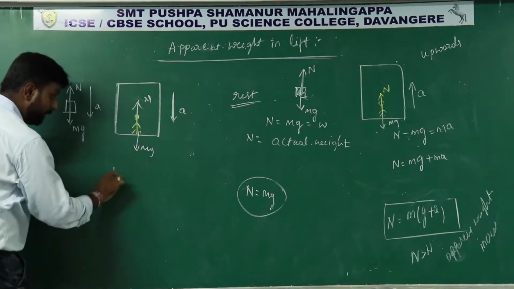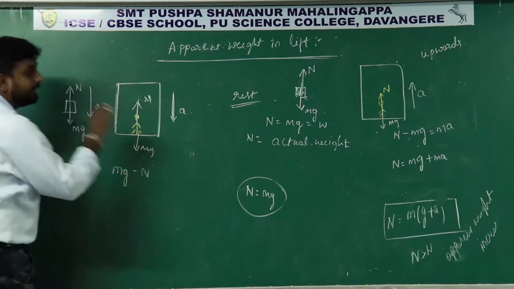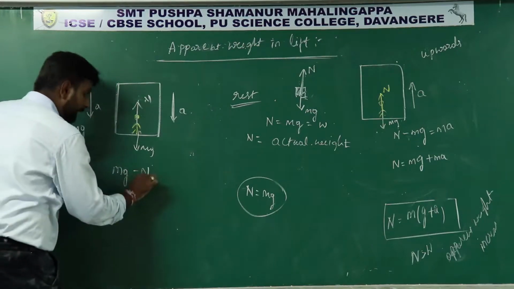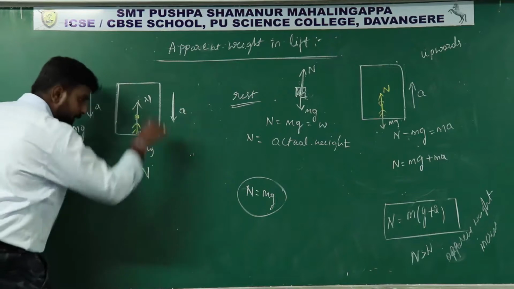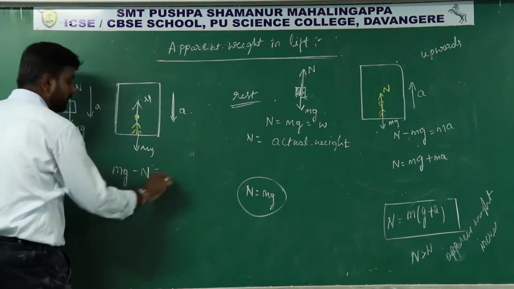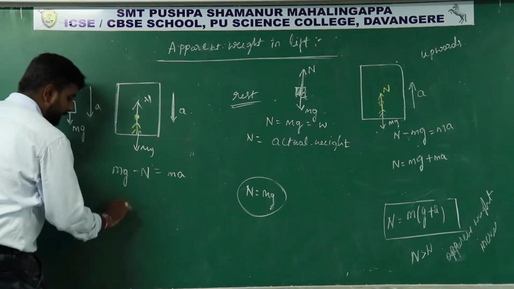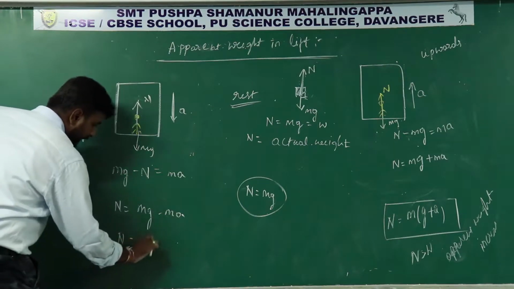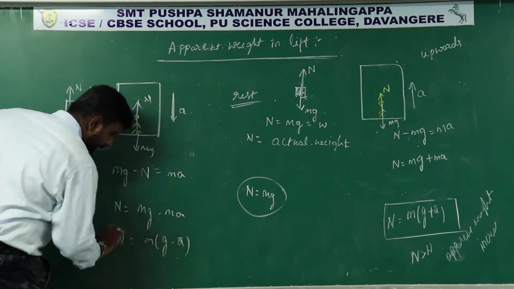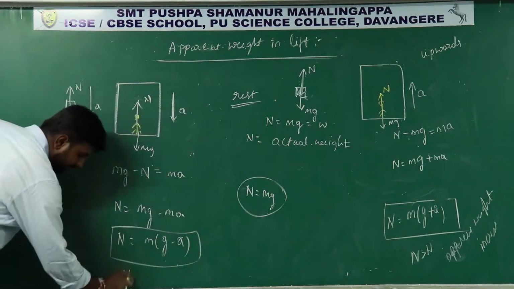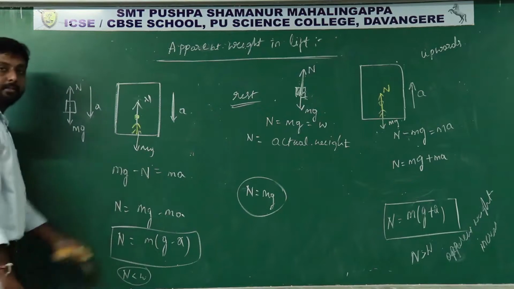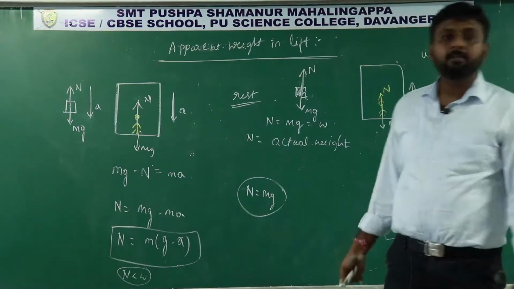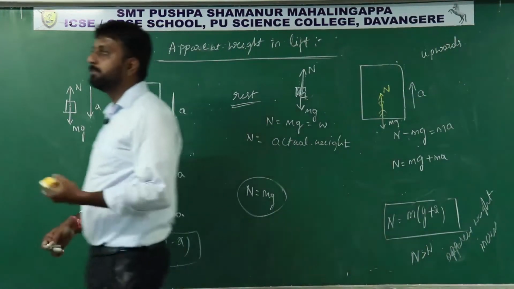Then I can write mg minus N. Earlier I wrote N minus mg, but here I have to write mg minus N, because mg is now greater. That's why it is moving in this direction. It equals m into a, so N equals mg minus ma, or N equals m of (g minus a). Definitely this N is now lesser than the weight. So when the lift is moving downwards, the apparent weight of a person decreases.